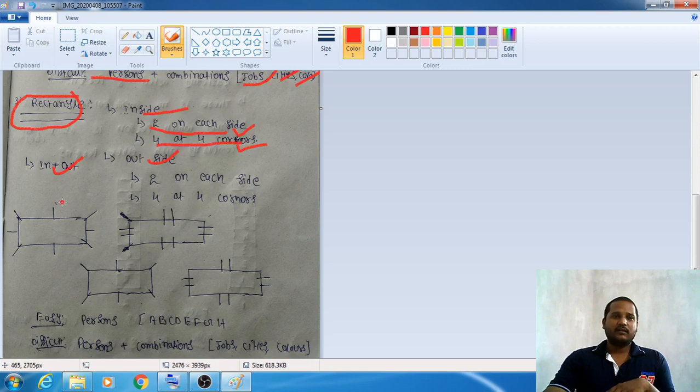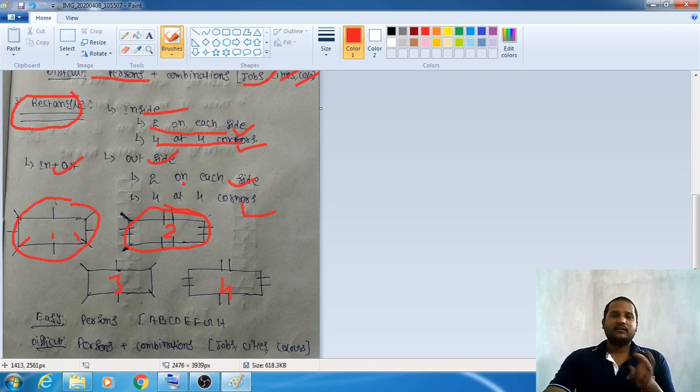If all are facing inside, this is four persons at four corners, and this is two persons on each side of the table. So this is the first image, this is the second image. The third and fourth diagrams, if all are facing outside: the third one is four sitting at four corners, and the fourth and last diagram belongs to two persons on each side of the table.